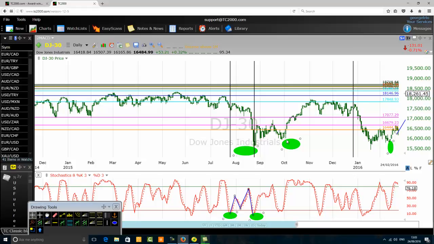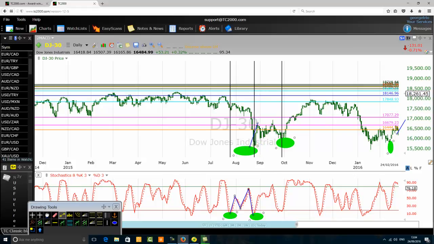So the stochastic has first formed a double bottom chart pattern while the price was doing something else. Now the price has confirmed the double bottom chart pattern by forming itself a double bottom chart pattern. So at this point in time, the price has confirmed the leading indicator, the double bottom stochastic pattern, by doing almost exactly the same thing.